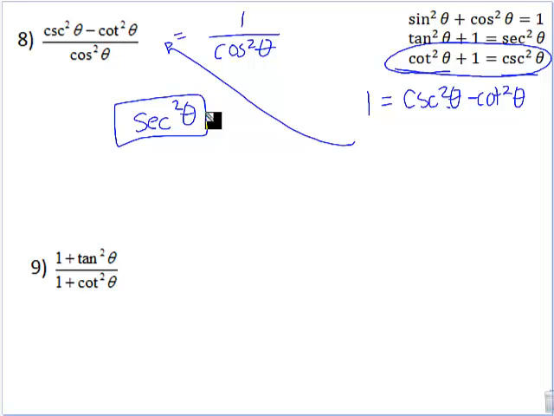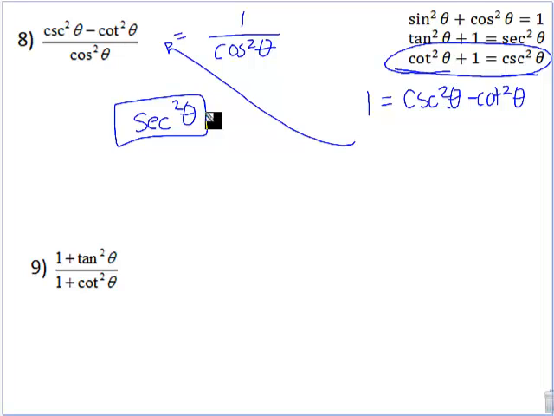1 plus tangent squared of theta over 1 plus cotangent squared of theta. So once again, we have values that are squared. So what we want to do is we want to see if we can replace them with any of our Pythagorean identities.